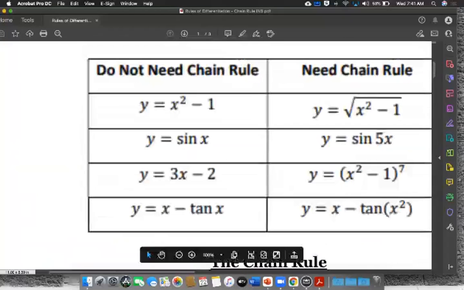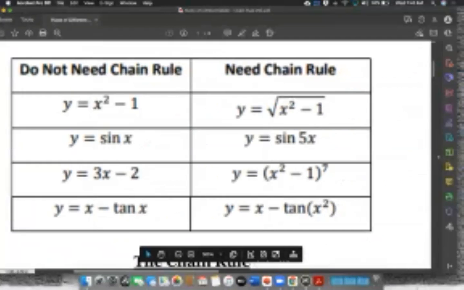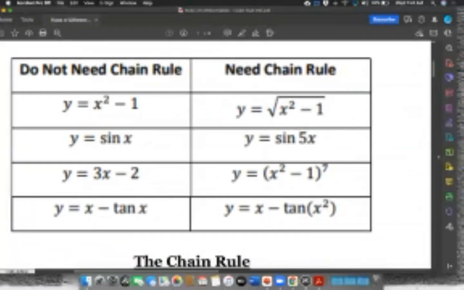I was going to put this table on your notes, but for some reason I forgot. These are examples of when we use the chain rule and examples of when we don't, because some of them look very similar to each other. On the left, we do not need to use the chain rule.